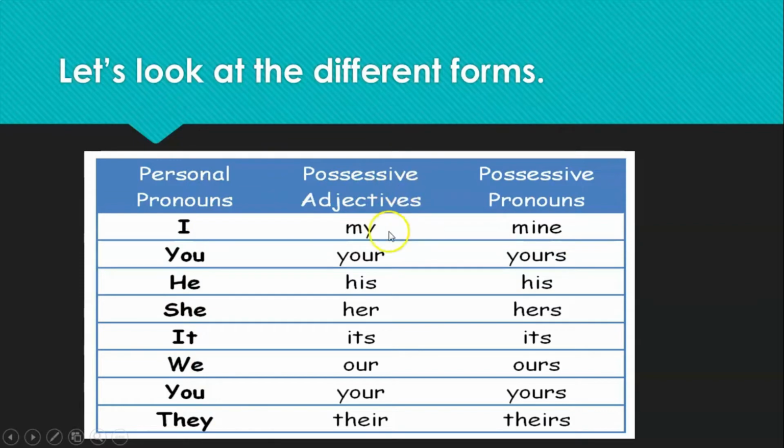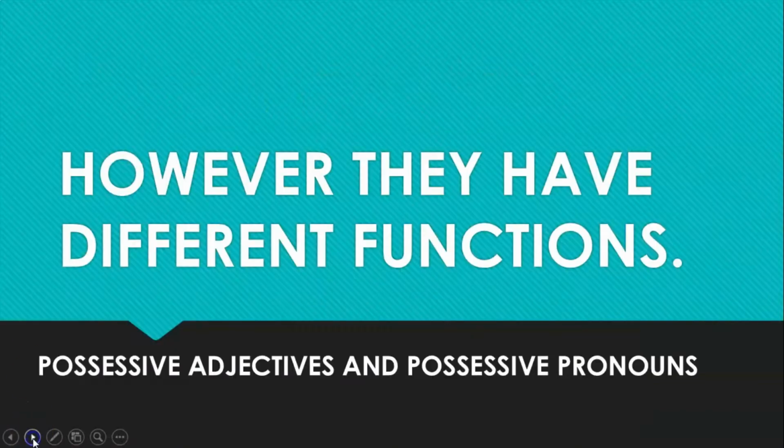For possessive adjectives, they are my, your, his, her, its, our, your, and their. For possessive pronouns, the forms are mine, yours, his, hers, its, ours, yours, and theirs. I'm not going to take too much time to explain this part because this is a review, so I'm sure that you already know these forms.